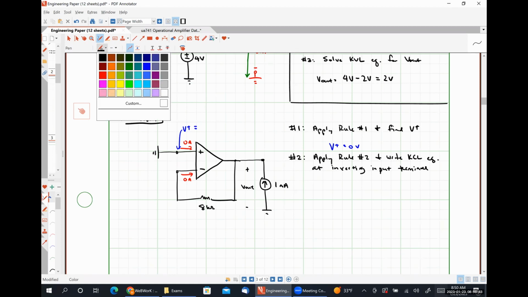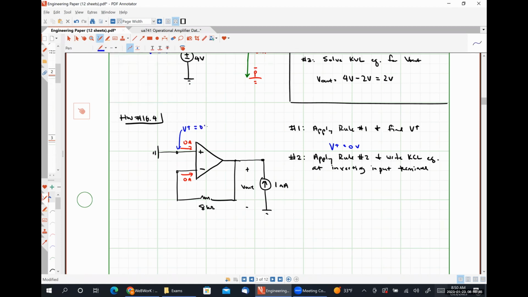Rule number 2 tells us that this voltage is also 0 volts. And our KCL equation is effectively just going to be 0, meaning the current flowing through our 8 kilo ohm resistor must also be 0 amps.